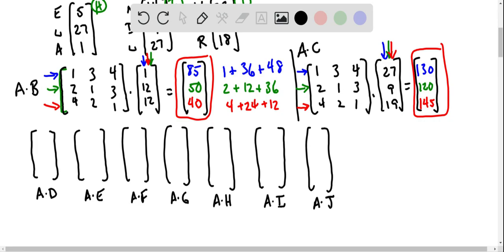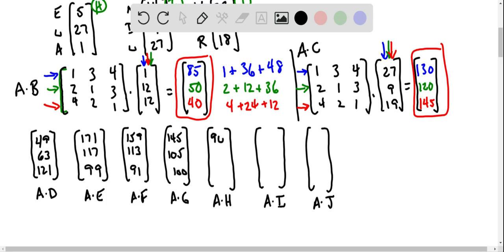I'm going to find the elements for these answers just the same way we did for the two that I worked out. So let me show you what these end up being. AD will be 49, 63, 121. AE, 171, 117, and 99. AF, 159, 113, and 91. AG, 145, 105, 100.